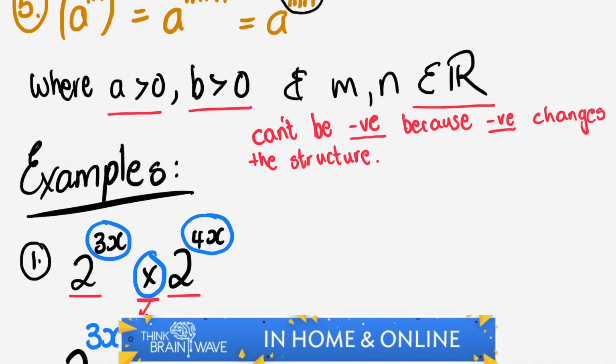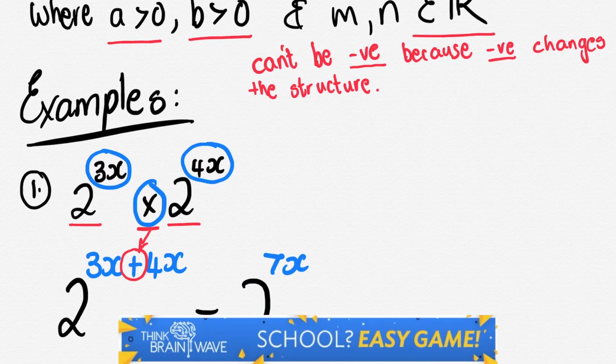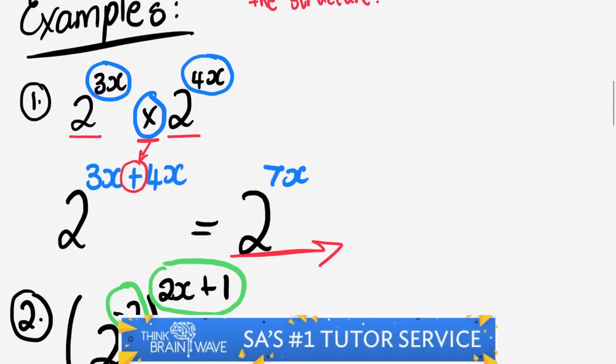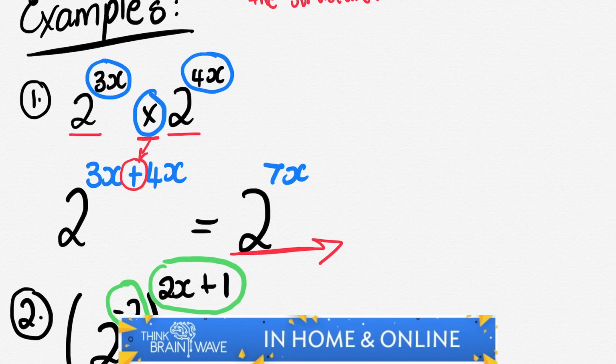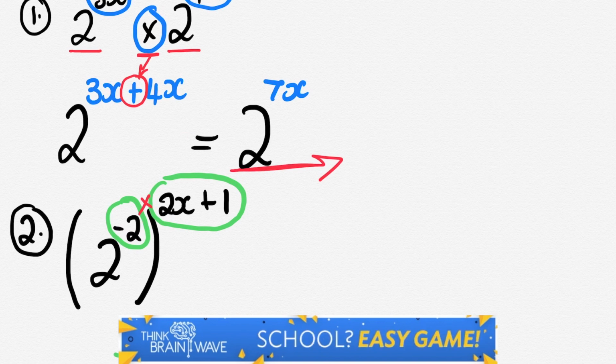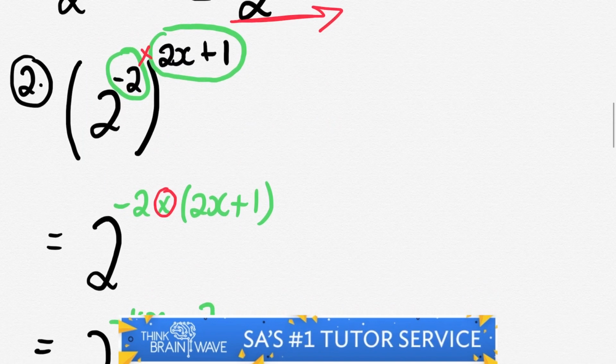If we have 2 to the power of 3x times by 2 to the power of 4x, we have the same bases, therefore we add exponents. So 3x plus 4x is 7x. Easy game. If you have a minus 2 to the power of 2x plus 1, you multiply minus 2 to 2x plus 1. As you can see, it's minus 2 times by 2x plus 1.